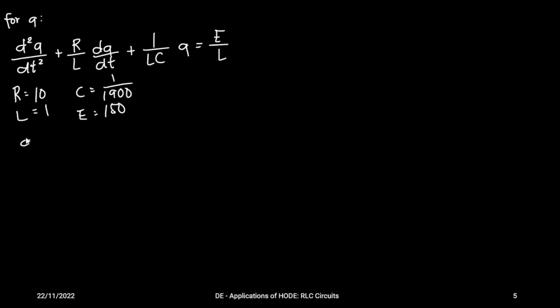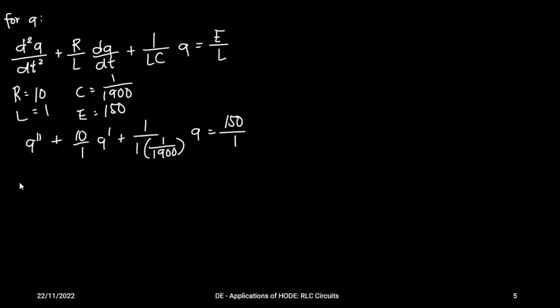No, yun na lang yung gagamitin natin. So we have here Q double prime plus that is 10 over 1 Q prime plus 1 over 1 times 1 over 1900. Okay? Q is equivalent to 150 over 1. Okay? So yan lang yung ating differential equation.